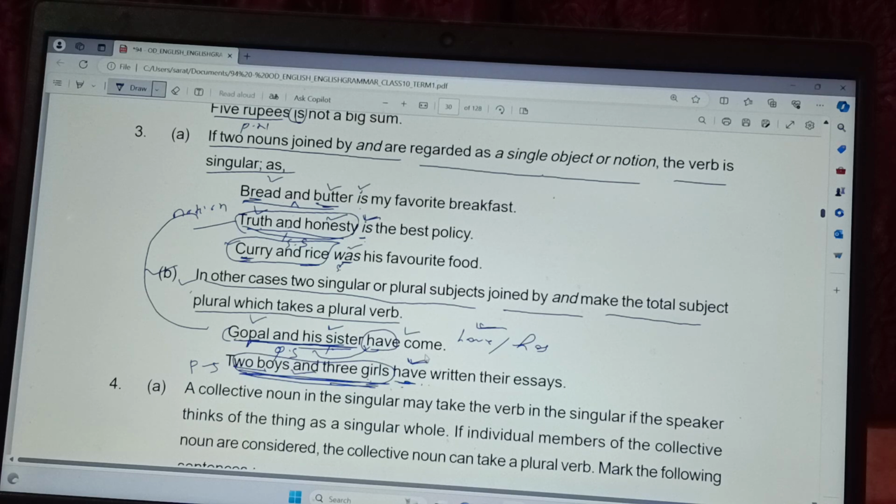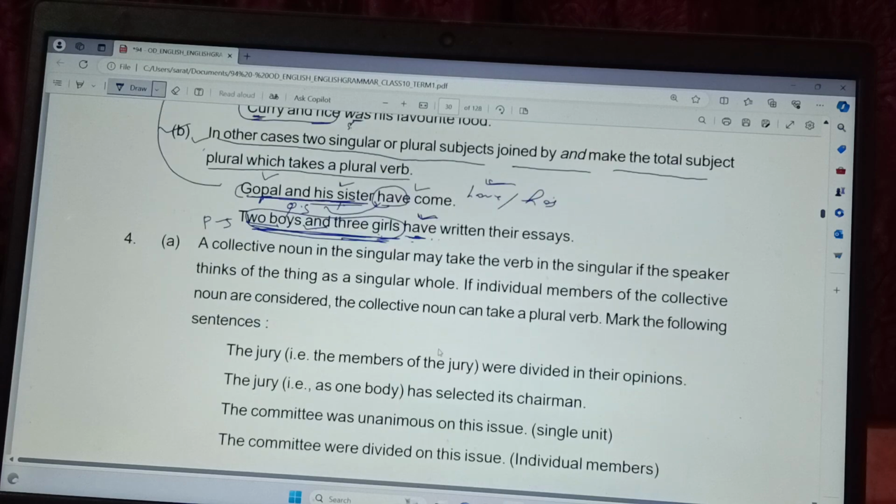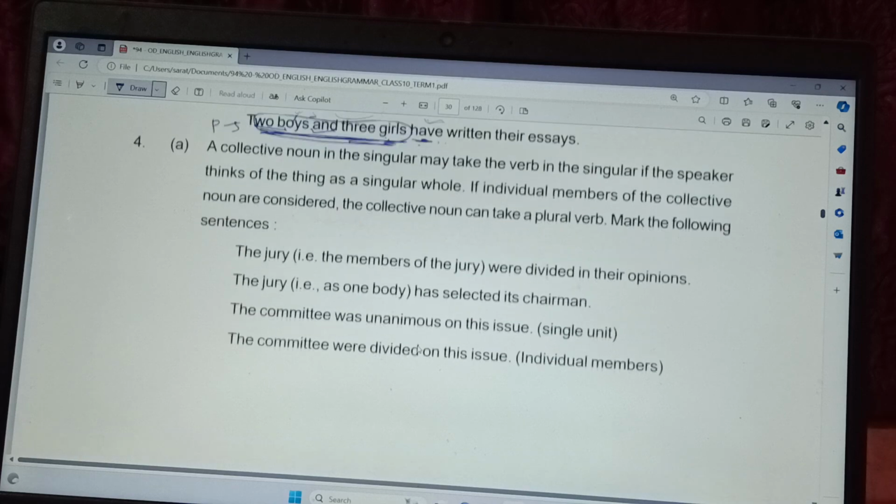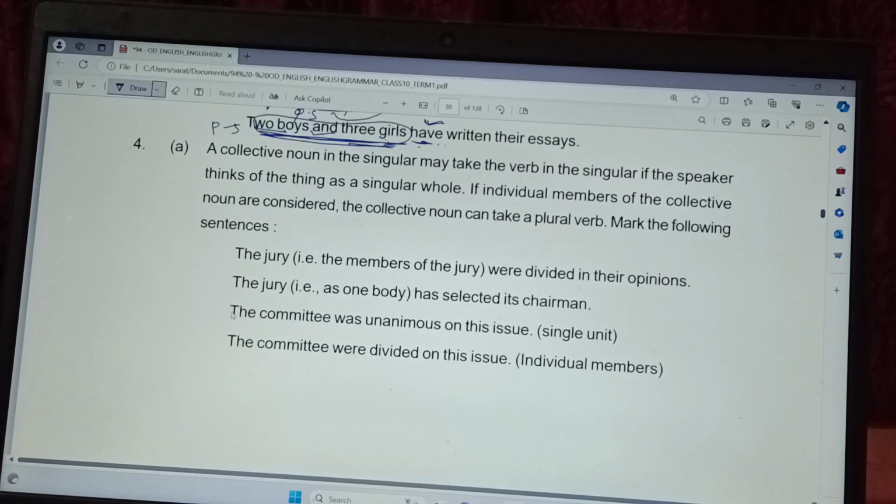Here, guys, rule 4 also indicates a collective noun.